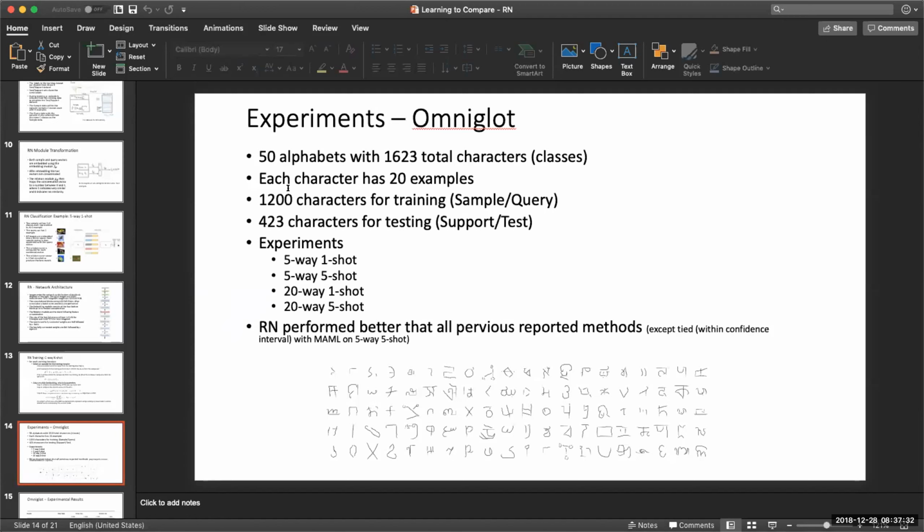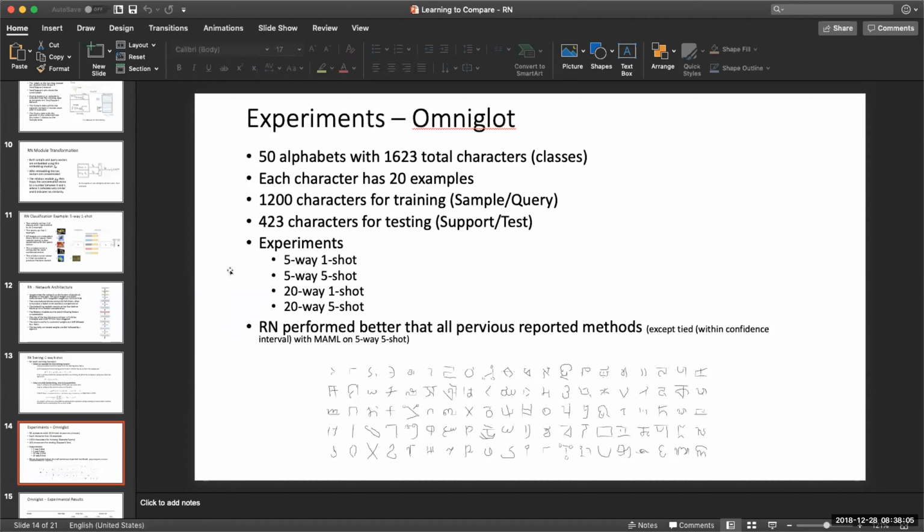It's divided for the purposes of the experiments into 2 parts: a 1,200 character sample query training data set, and the remaining 423 characters from the 1,623 leaves for this testing set, which is the support and test set, as it's also called in the paper.